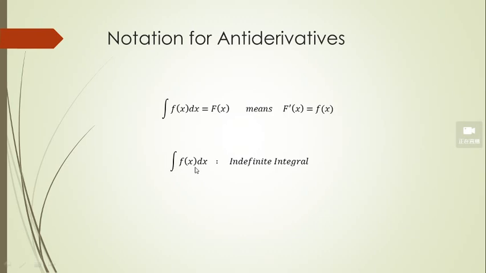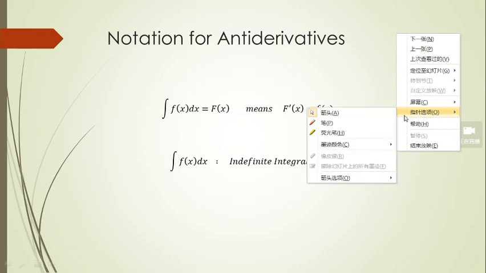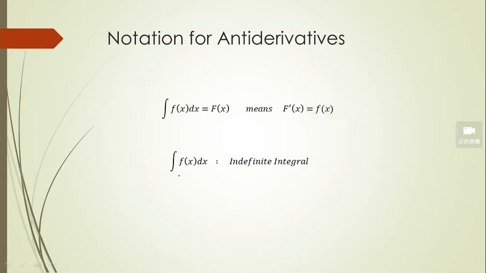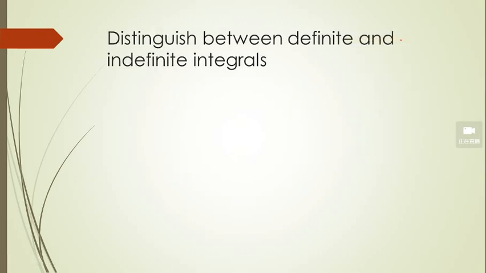This means the antiderivative for the integrand function small f(x). And this is something we are going to focus on in this section: the indefinite integral, which means the general antiderivative for the small f.